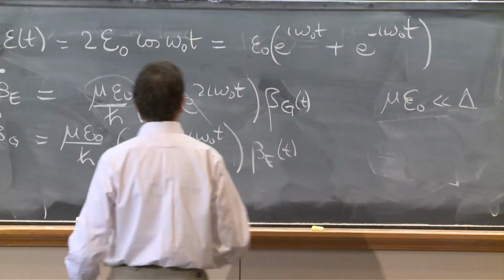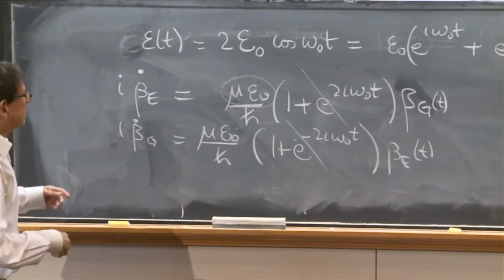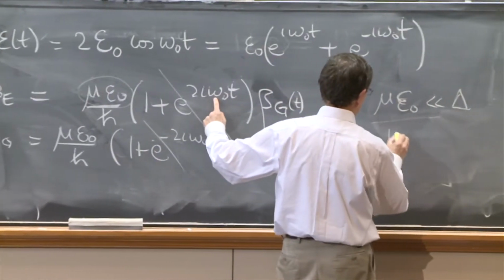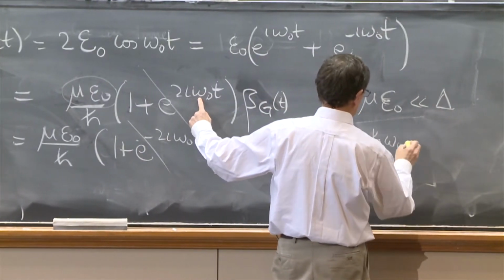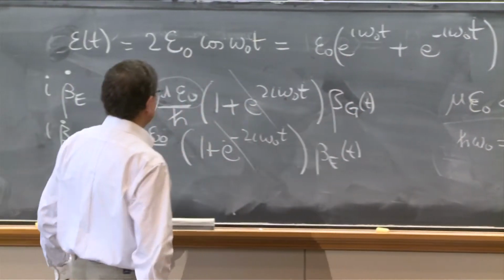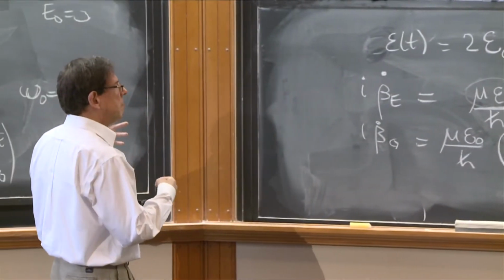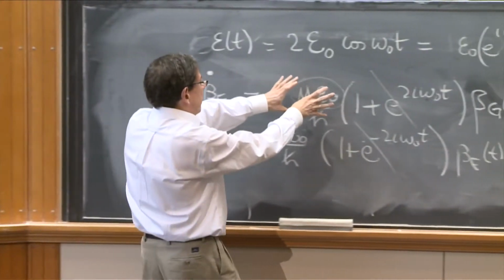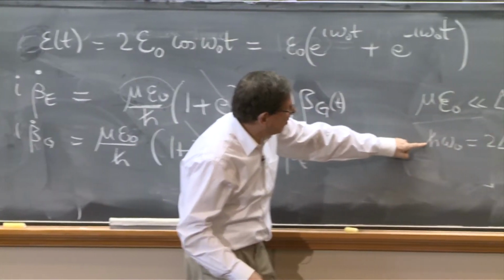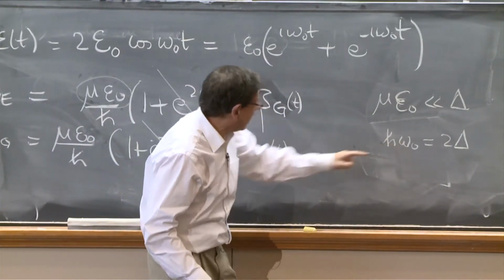And delta is the thing that is related to omega naught, in which h bar omega naught is equal to 2 delta. So essentially, mu E naught is very, very slow. It's an energy which is very, very slow compared to h omega naught.